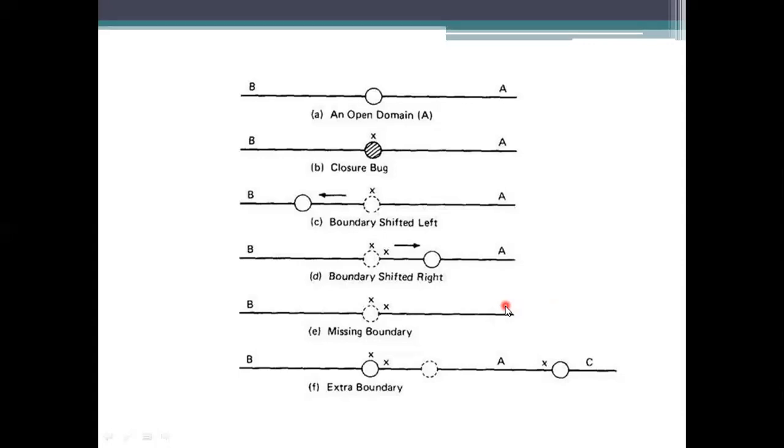And in the last one, we have an extra boundary, which is called C. If you see this representation, the closed boundary and the open boundary we are representing have shifted their places, and at the end, we are allowing access to another boundary which should not be included.